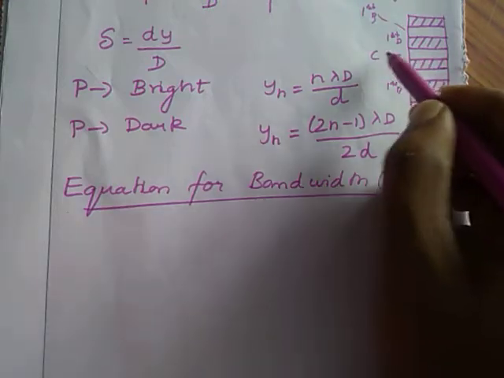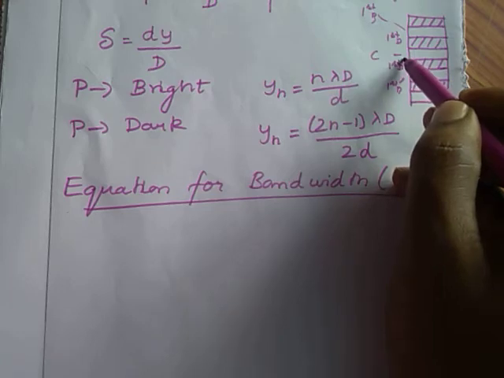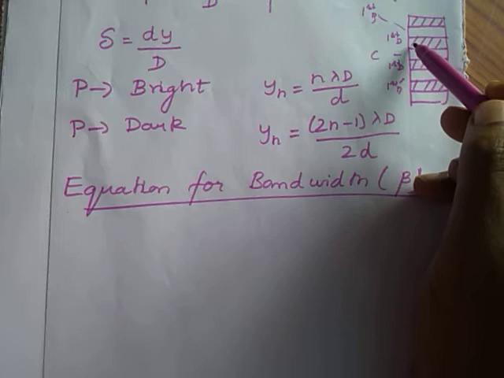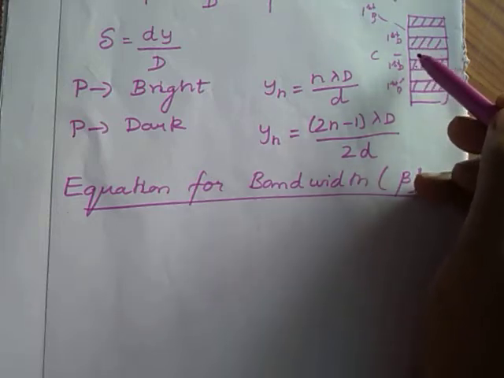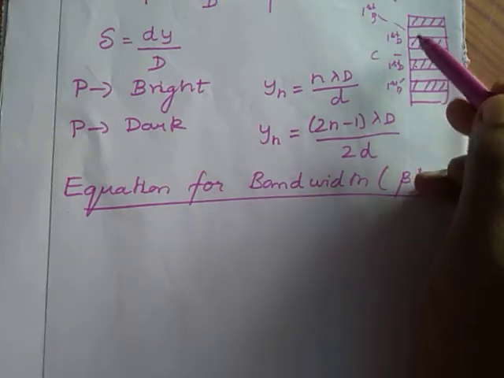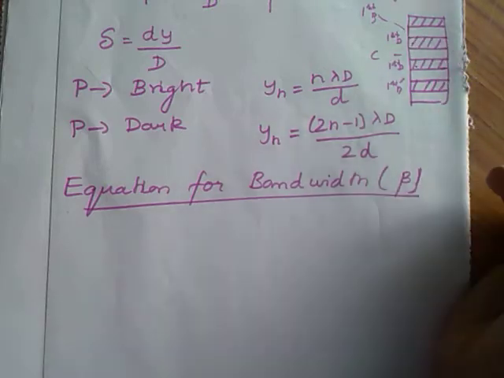This is the central bright band or zeroth band. This is the first dark band, and this is the first dark band. The distance between two consecutive dark bands determines the bandwidth of the bright one.